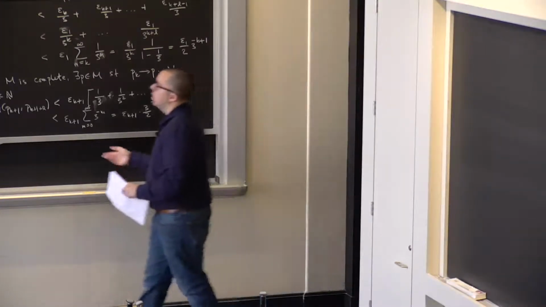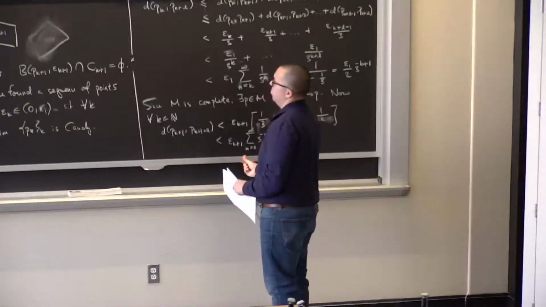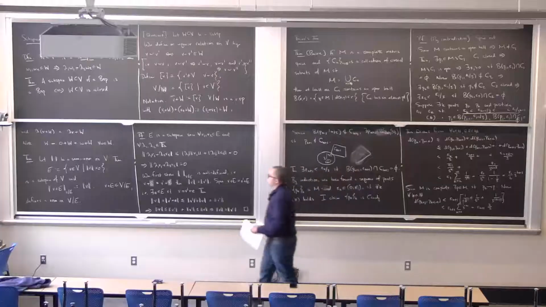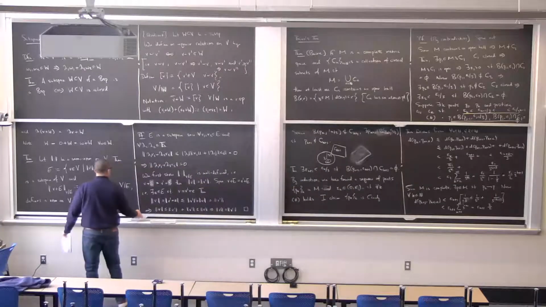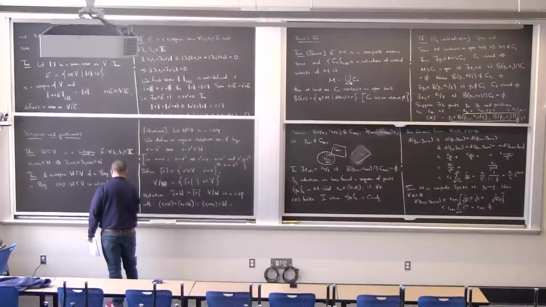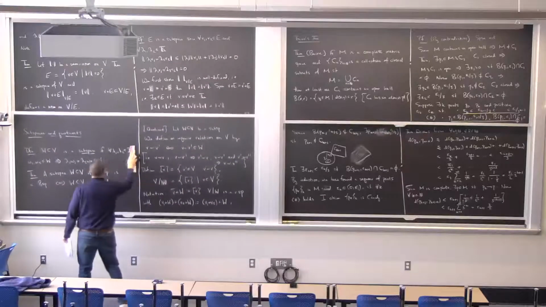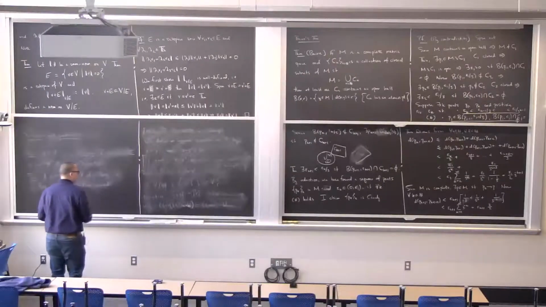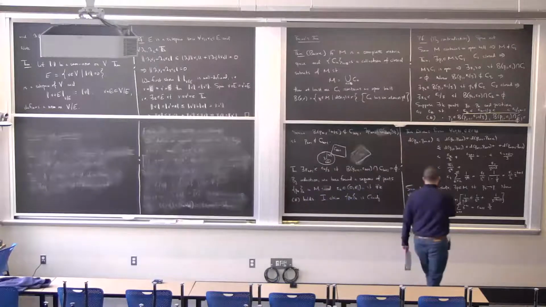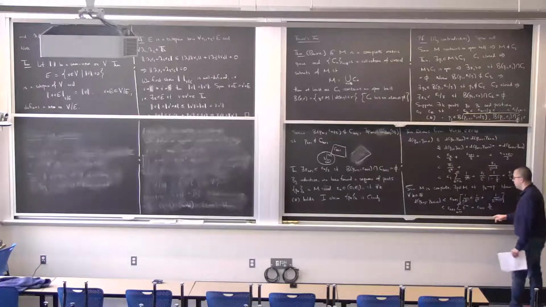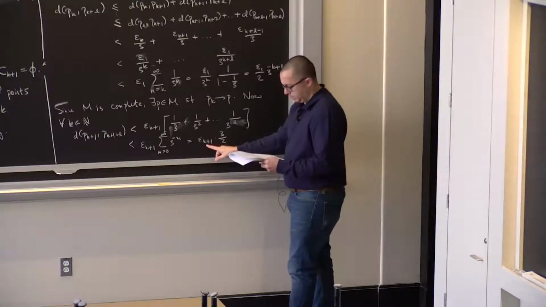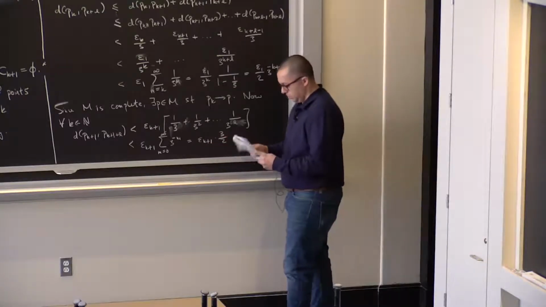Now, okay, so we've proven that the distance between p k plus 1 plus L and p k plus 1 is less than epsilon k plus 1 times 3 over 2.